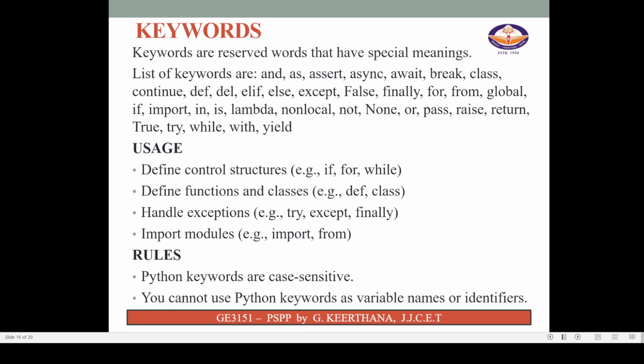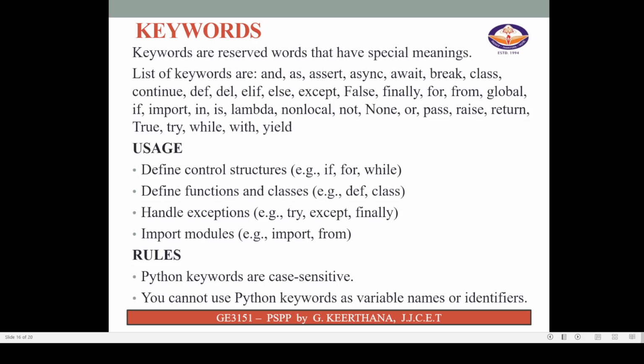Keyword. Keywords are reserved words that have a special meaning and cannot be used as a variable name, function name or identifier. There are 35 keywords in Python. They are listed as and, break, if, else, etc. While using a control structure, if, else, elif, for, while, break, continue are used as keywords.